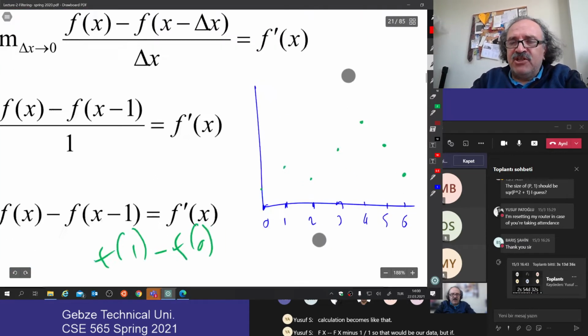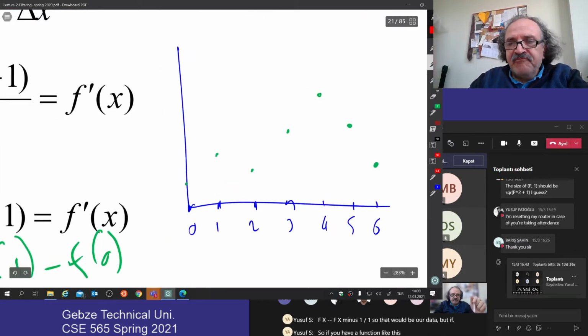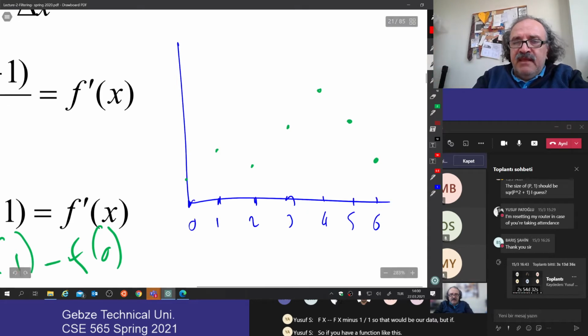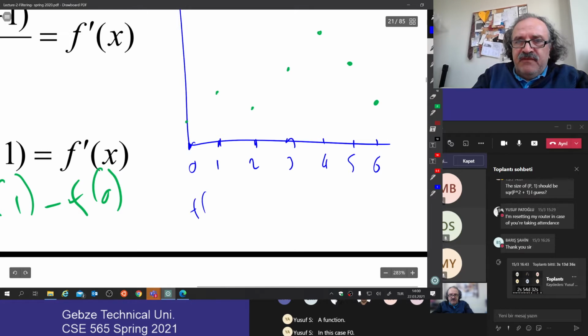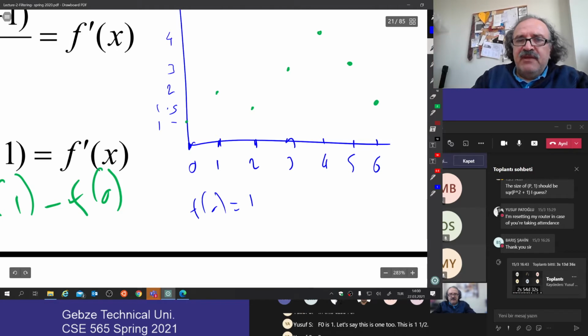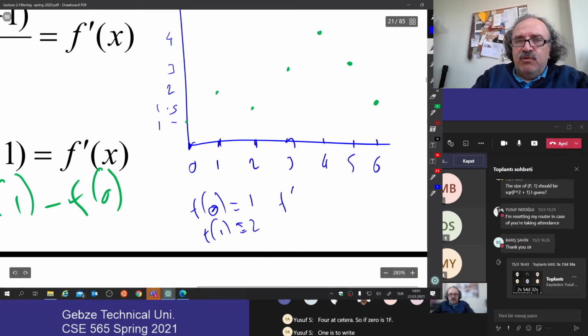So if you have a function like this, in this case f0 is 1, f1 is 2, f2 is 1.5.